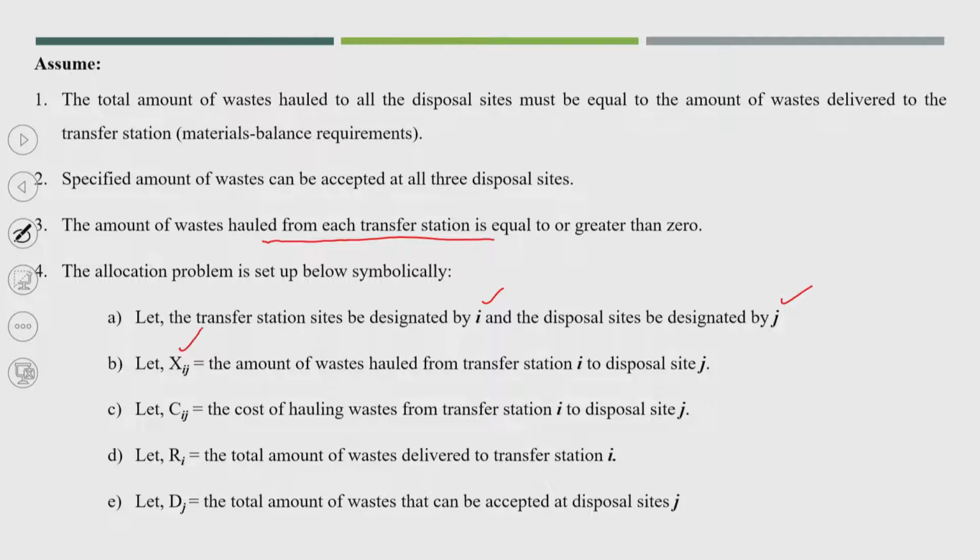Similarly, c_ij is the cost of hauling waste from transfer station i to disposal site j, and R_i is the total amount of waste delivered to transfer station i, and D_j is the total amount of waste that can be accepted at disposal site j.